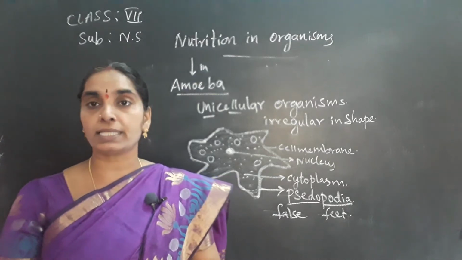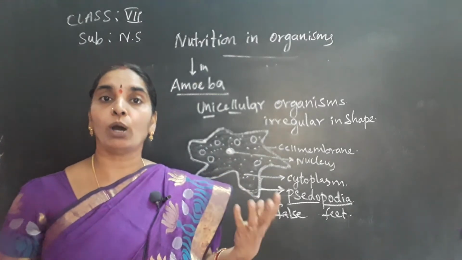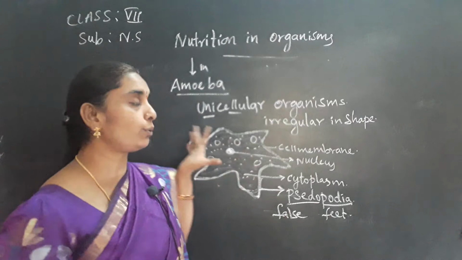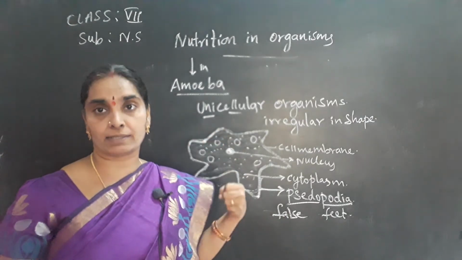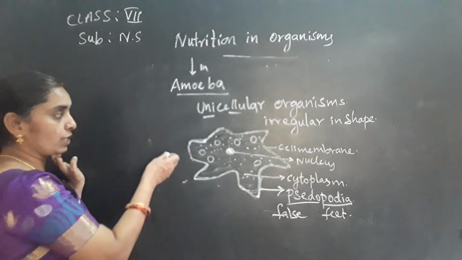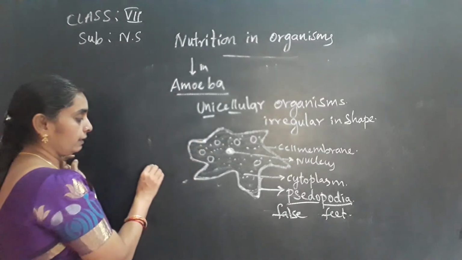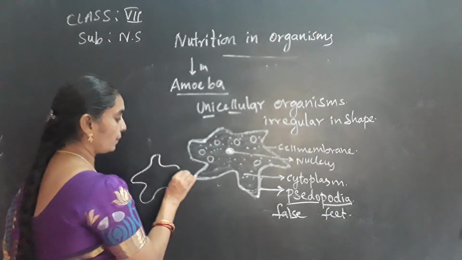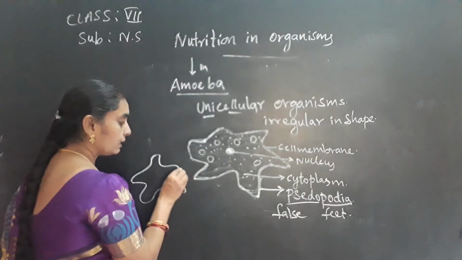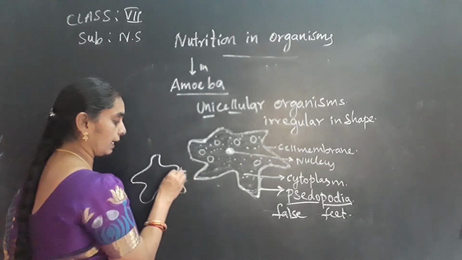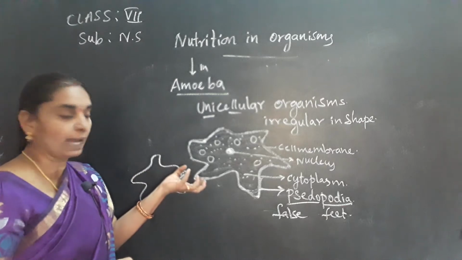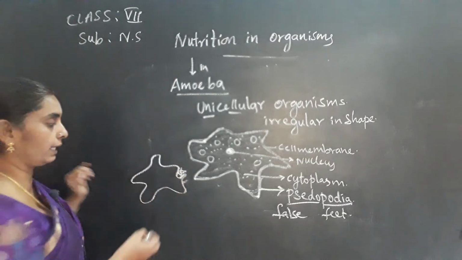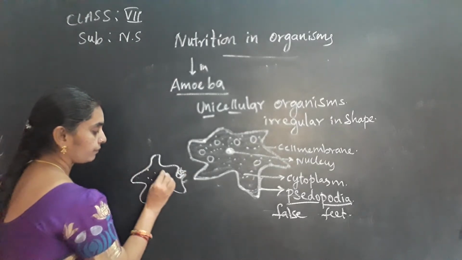They take in these organisms as they are through the protrusions. The vacuole is formed through the changes in the protrusions, and when the food particle comes near it, they swallow or capture the food particle inside. Is it clear, children?